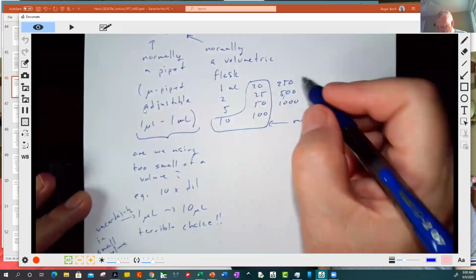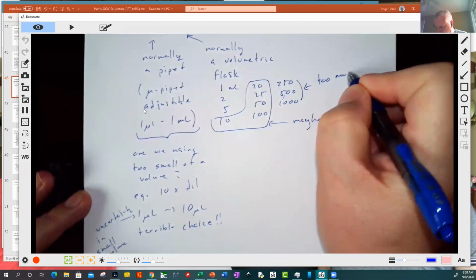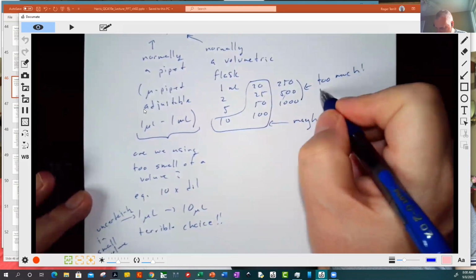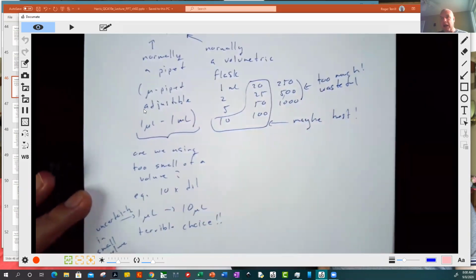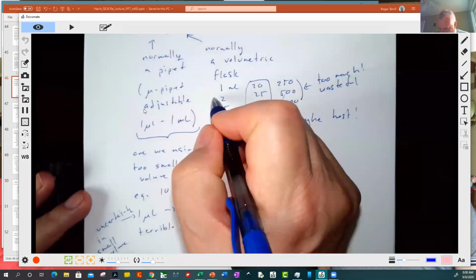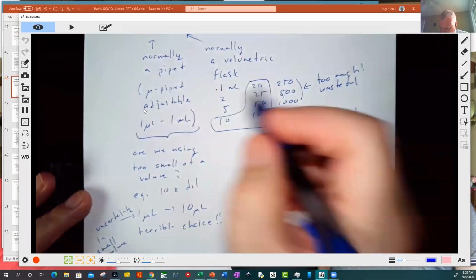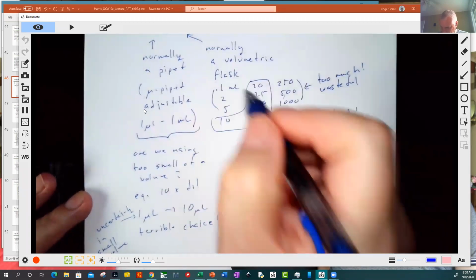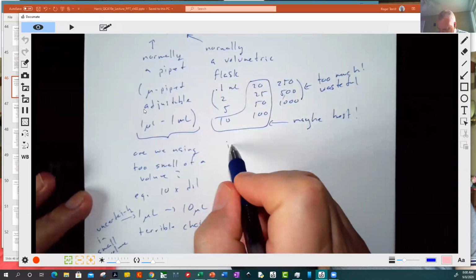Because a lot of times this is just too much stuff, and it's wasteful. It's not very green. And these are a little bit hard to handle, and a little bit imprecise. Here might be imprecise.